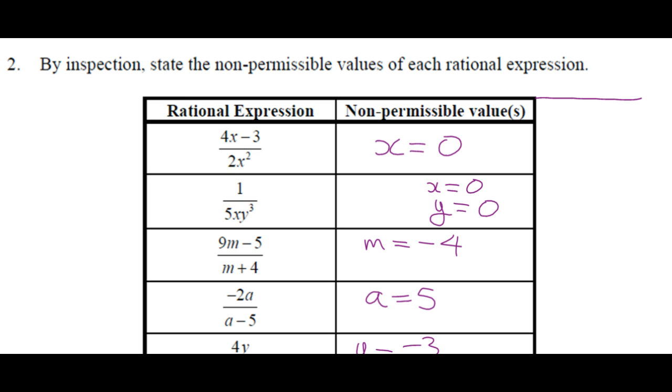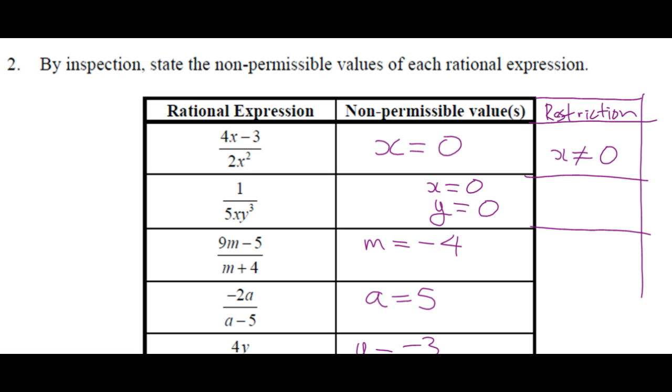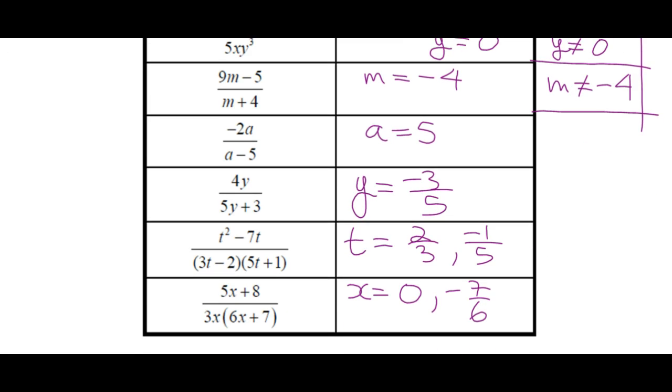That's the difference between a non-permissible value and a restriction: the non-permissible value is the value, it's equal. That's the value which makes the denominator 0, and the restriction is the value that I cannot have.